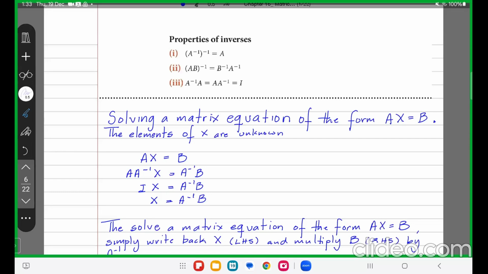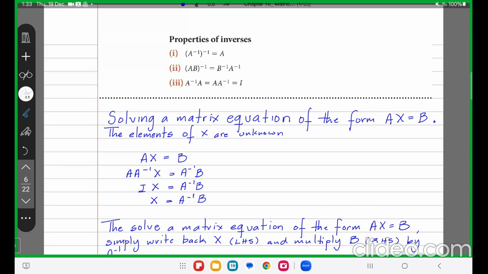All right, so here we're starting off by looking at the properties of inverse. The properties of inverse are: the inverse of A inverse is equal to A. The inverse of AB is equal to B inverse A inverse, the product of B inverse and A inverse.